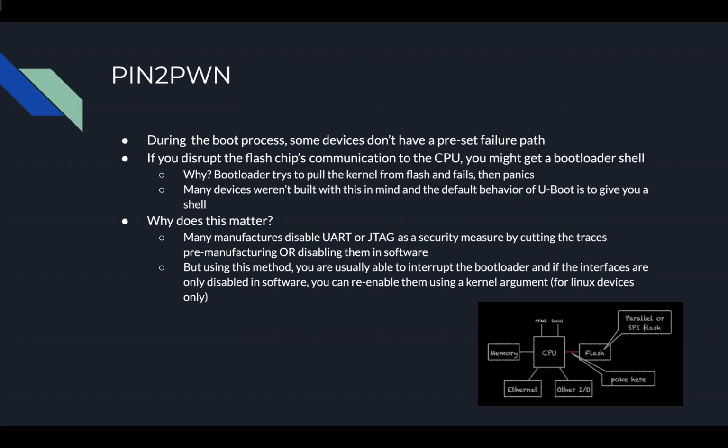And if they haven't checked their failure paths properly, if you do that right when the bootloader is copying the kernel from flash to memory, it will freak out and say, oh no, I can't read the kernel, fail. And then it will just drop you to a shell on U-boot, which is an open source bootloader. This only works for Linux devices, but it actually works a surprising amount of the time for devices that might have been secured a little bit better.